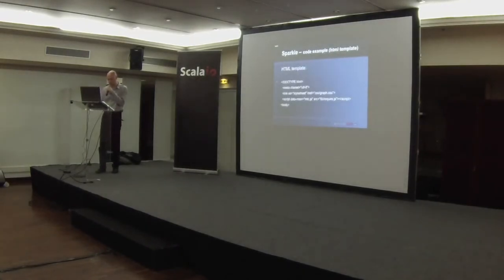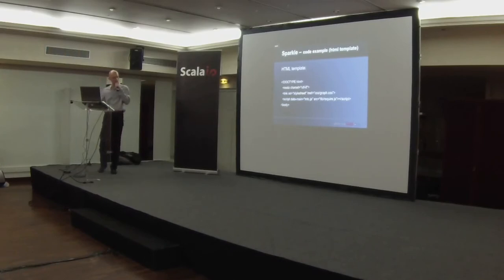Okay, what I would have liked to show you is how to write a simple chart for Sparkle. What we need is an HTML template where we specify our JavaScript, because in the client we will write a small part of JavaScript code.